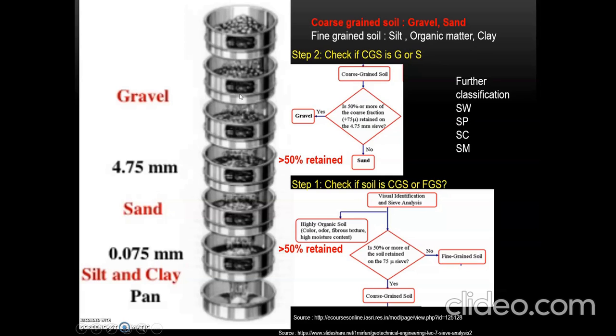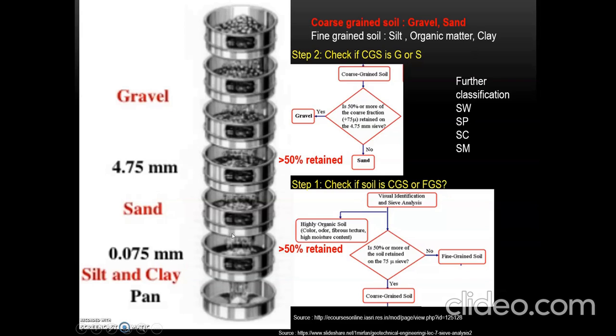Here in this figure, we can see the set of sieves which are arranged in decreasing order of their sieve sizes. Here we can see the sieve which is of 4.75 mm and this sieve size is 0.075 mm, and at bottom there is a pan which is used to collect the soil sample.